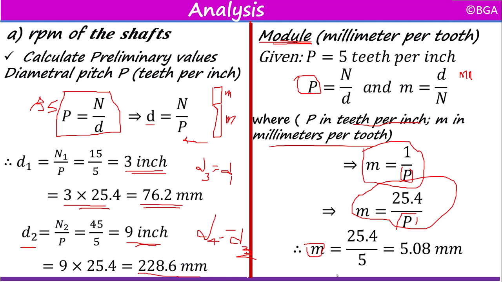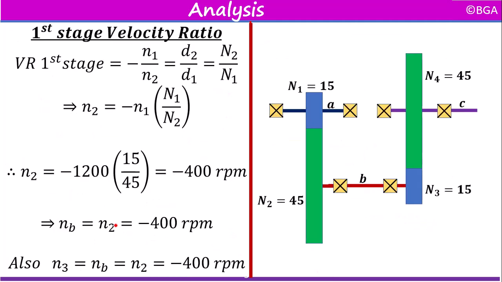Now we can calculate the RPM of the shafts like this. Let's consider the first stage. The first stage of this gear drive system is composed of gear 1 and gear 2. The velocity ratio of the first stage can be specified as the ratio of the speed of the driver gear to the speed of the driven gear.